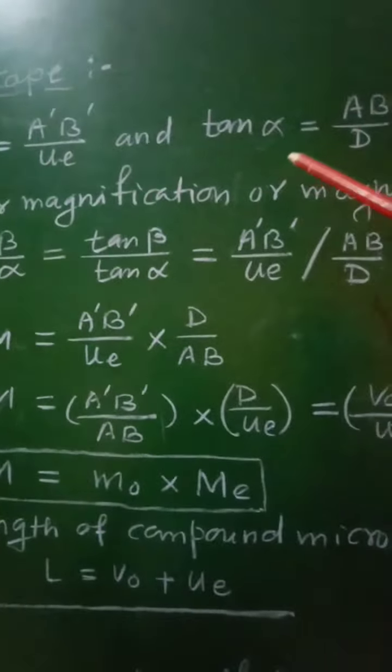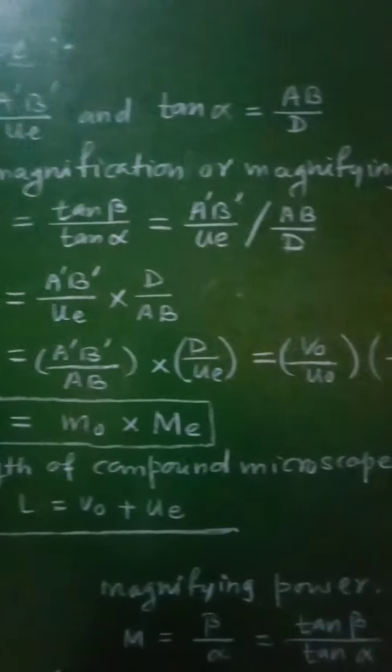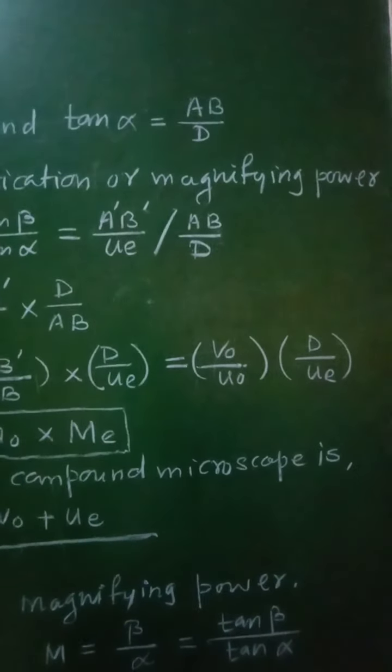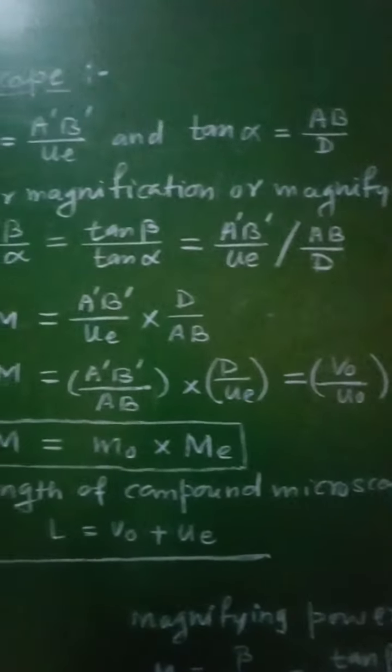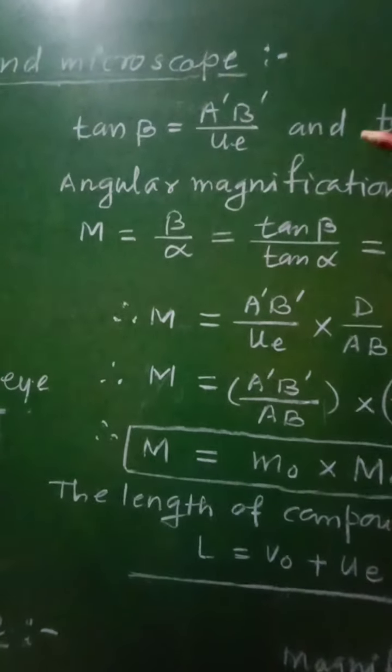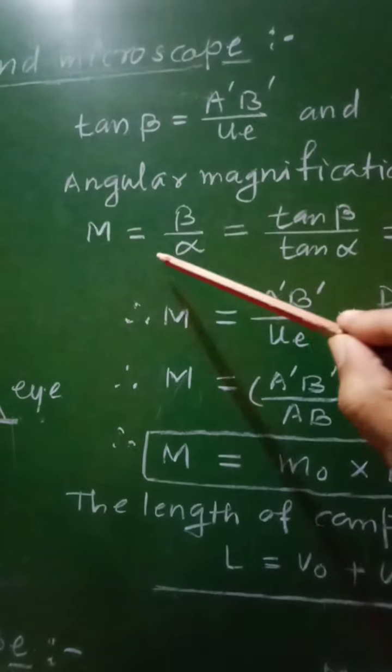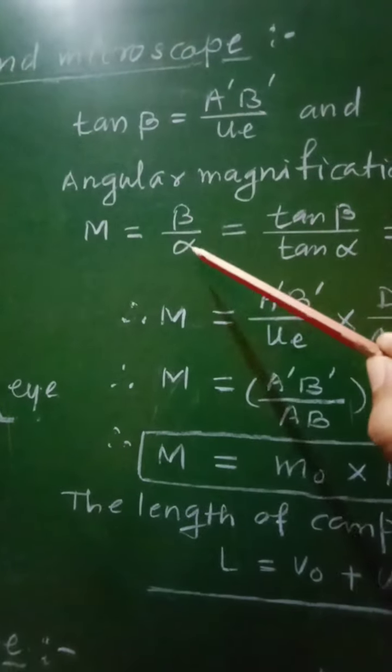Now the angular magnification or magnifying power of this compound microscope will be given as m equal to beta upon alpha.